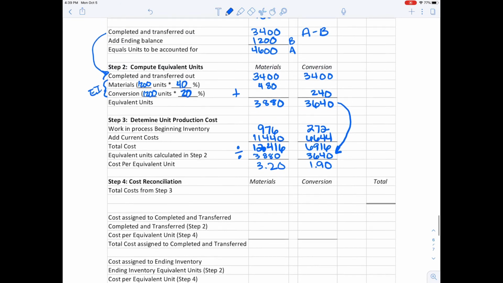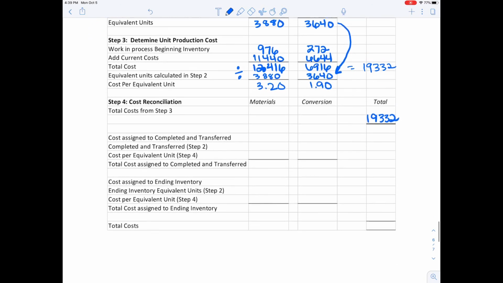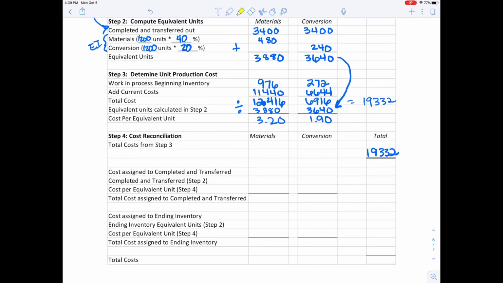Now I want to make sure I've accounted for everything. So I'm going to go back, look at step 3, find those total costs. If I add these together, 19,332. So that's the number I'm trying to get to, but I want to break it apart. So I want to look at how much was assigned to my completed and transferred units.